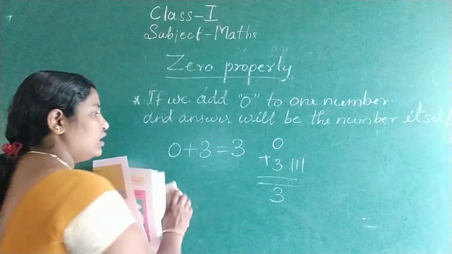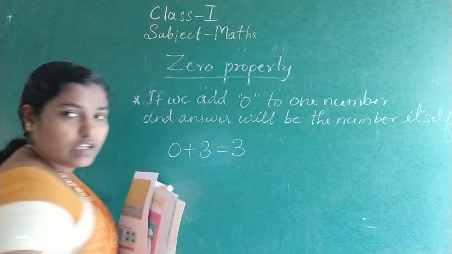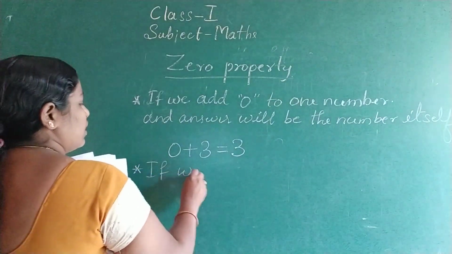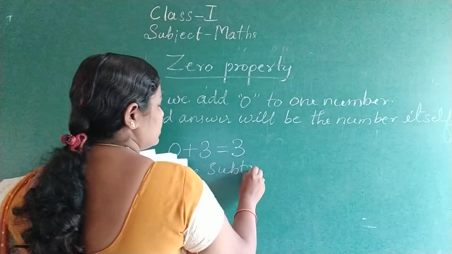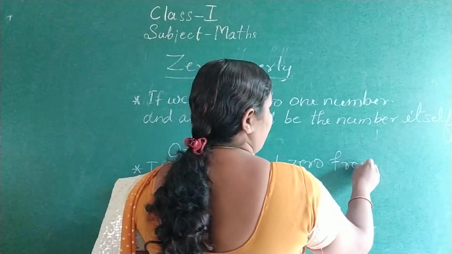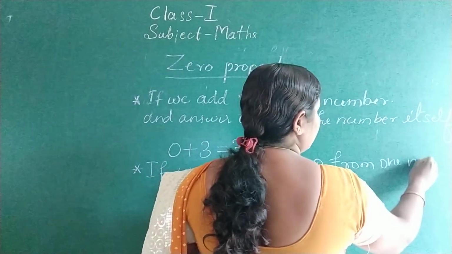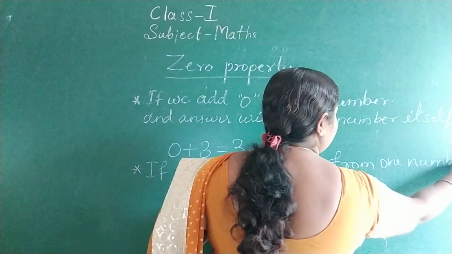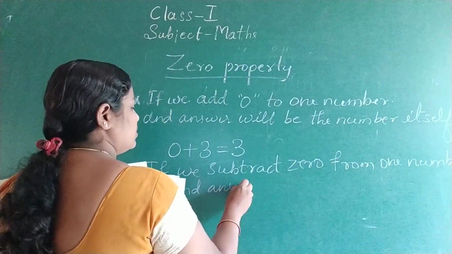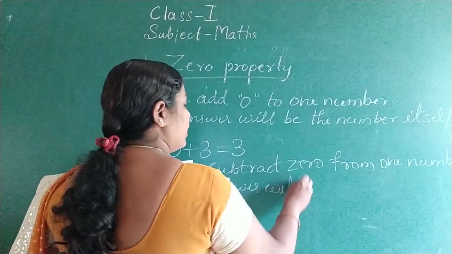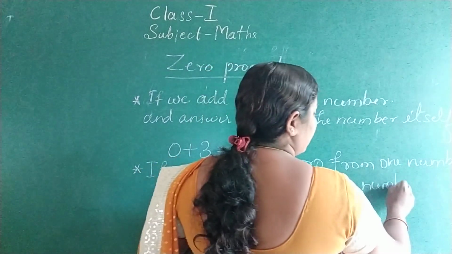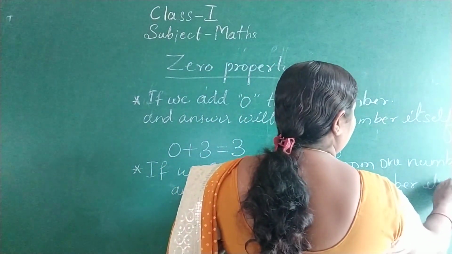Then the 0 property of subtraction. If we subtract 0 from a number, the answer will be the number itself.